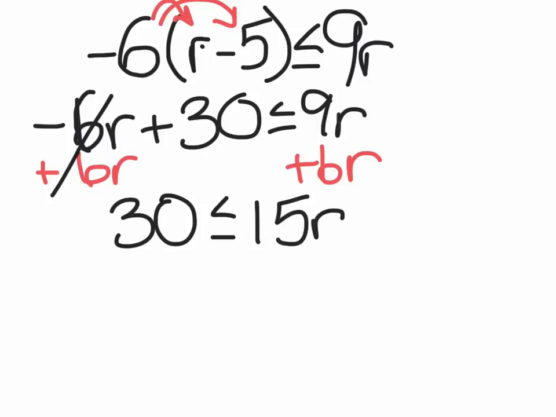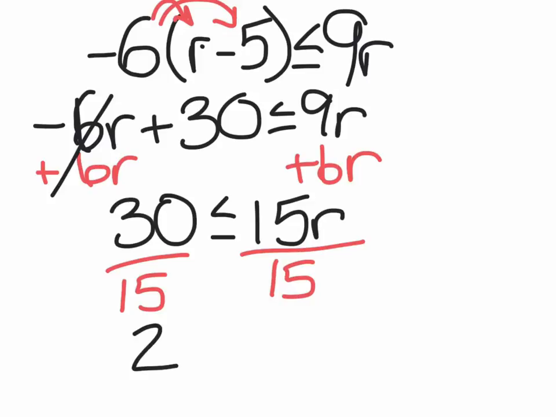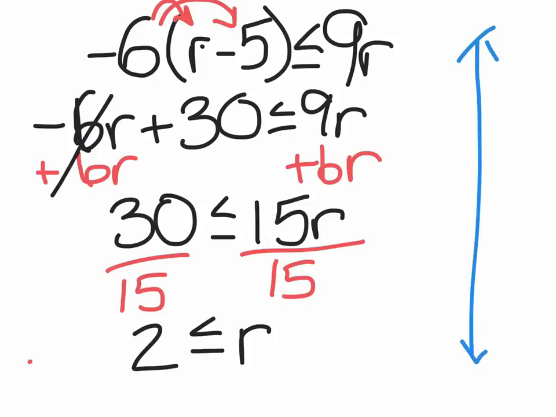Okay, I'm almost there. I need to divide each side by 15. 30 divided by 15 is 2, less than or equal to r. Okay, now I'm going to go ahead and graph it. Draw my number line. And I put 2 in the middle there. 3, 4, 1, 0.